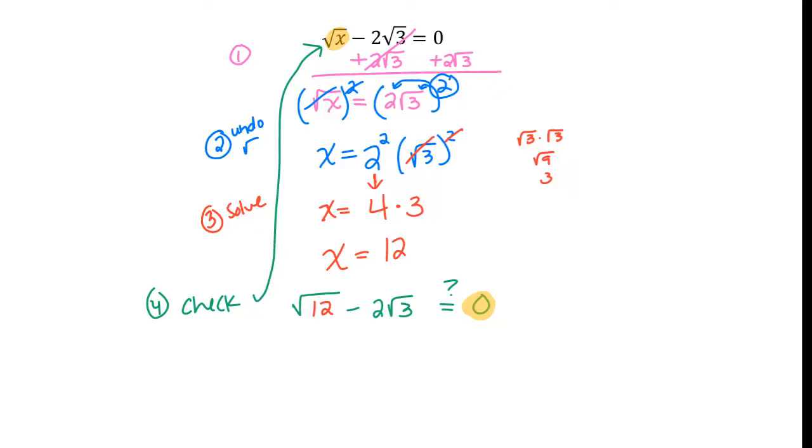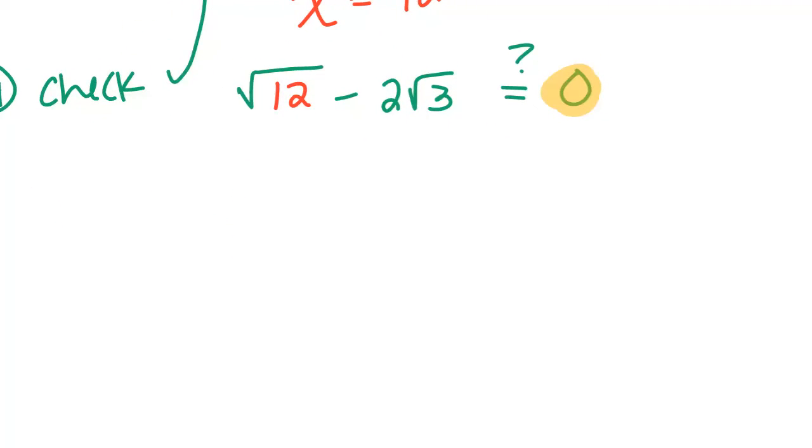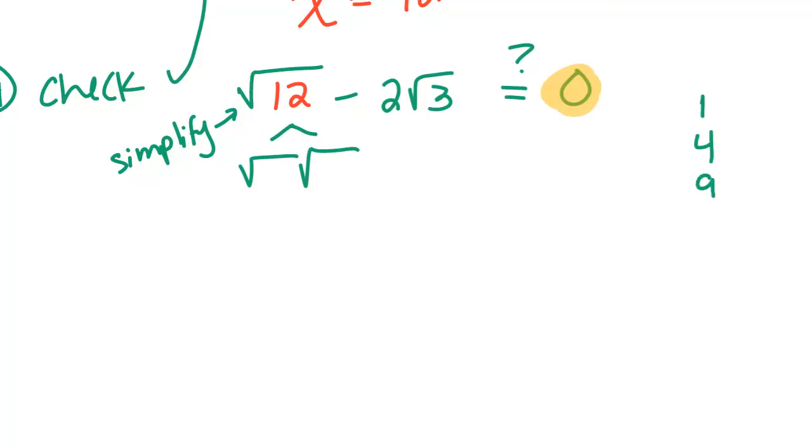But notice I have that square root of 12. So to get rid of the square root of 12, I'm going to have to simplify it. So simplify the root 12 by splitting it into perfect squares. I'm not sure if you guys remember when we did that, but the perfect squares are 1, 4, 9, and 16.